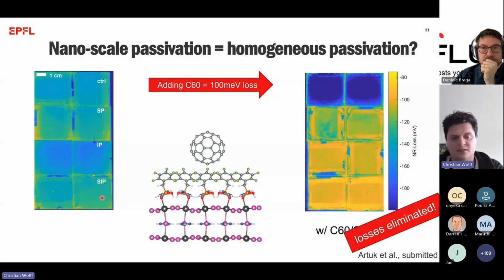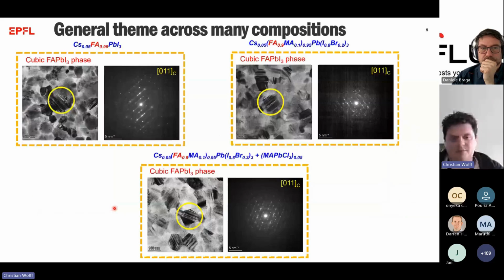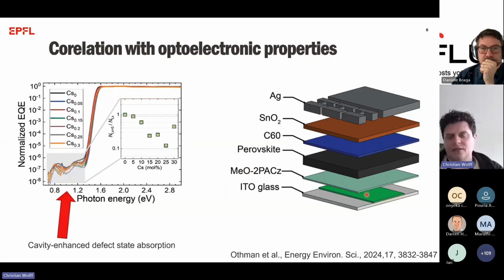I happened to have seen just last week a beautiful publication from Meng Li and Antonio Abarte's team, where they did exactly that. They looked at the bottom interface of the structure. They tailored the MeO-2PACz alternative, another self-assembled monolayer, in such a way that it lattice matches the perovskite. I believe that this is a nice approach to improve the growth of the perovskite.